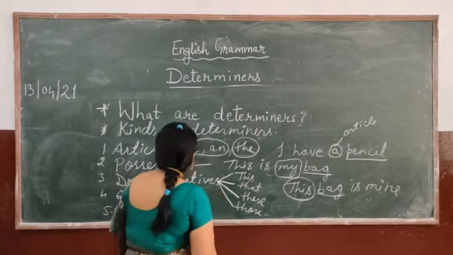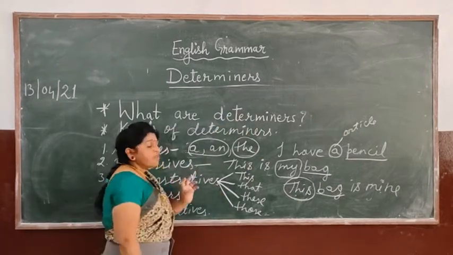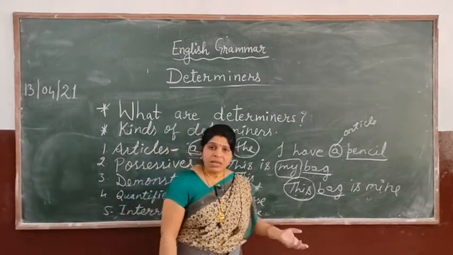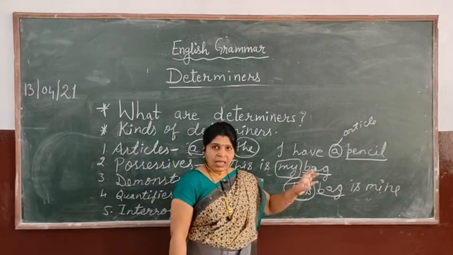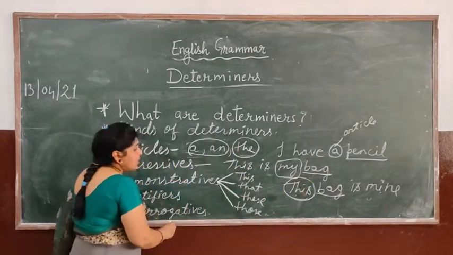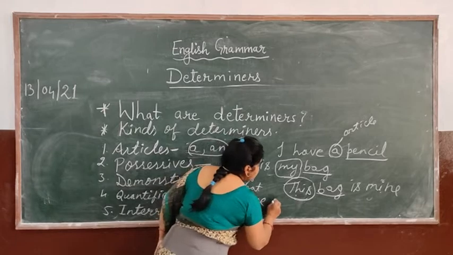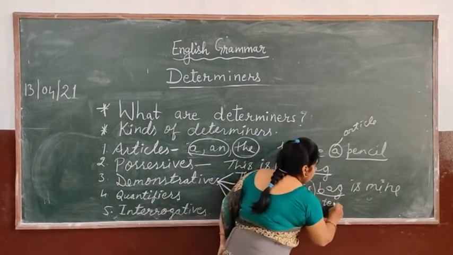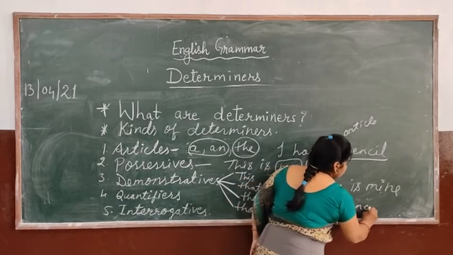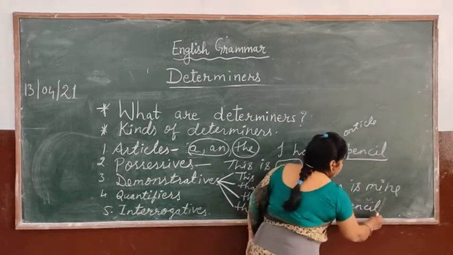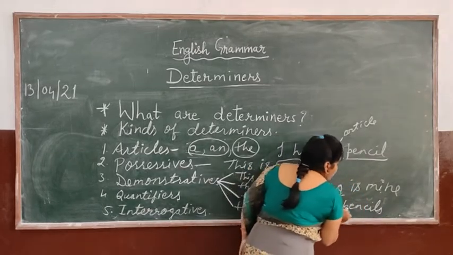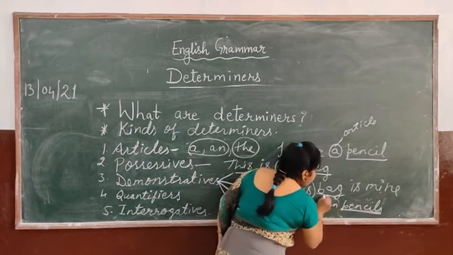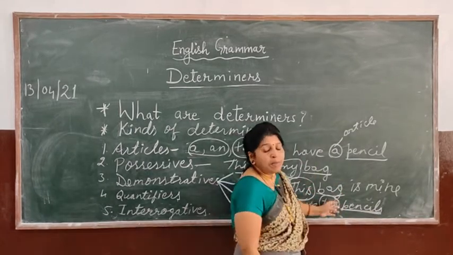Clear? Now quantifiers. Quantifier means what? Quantifiers take cardinal numbers and ordinal numbers. Clear? So I'll give you an example of this also. Suppose that I have 10 pencils. See here. Pencils is a noun and 10 indicates the number of the pencils.